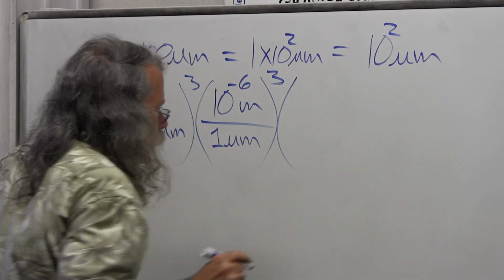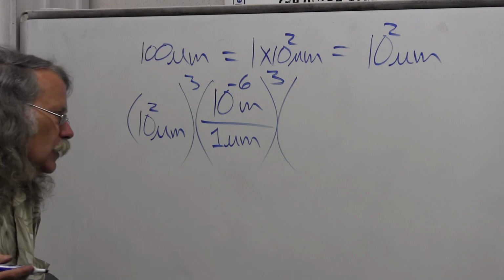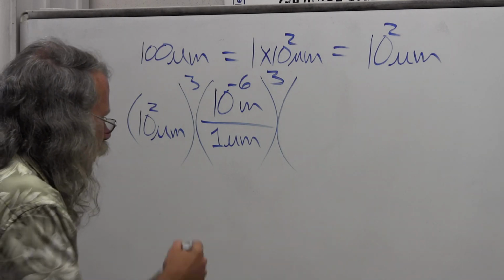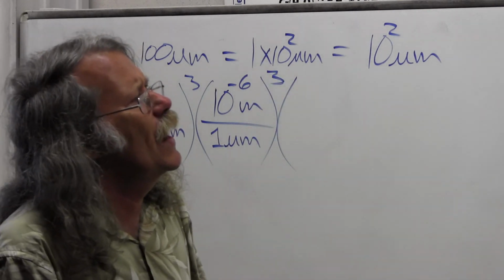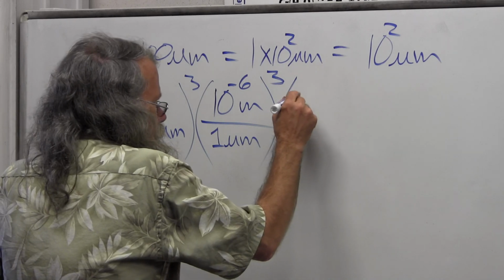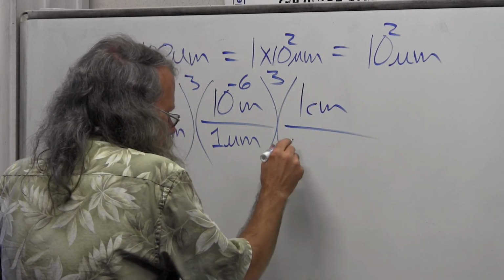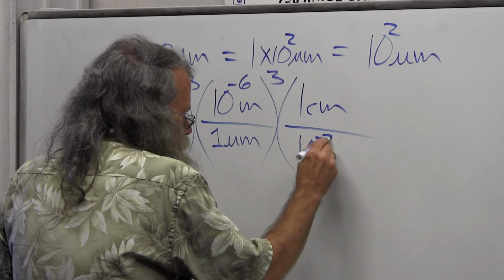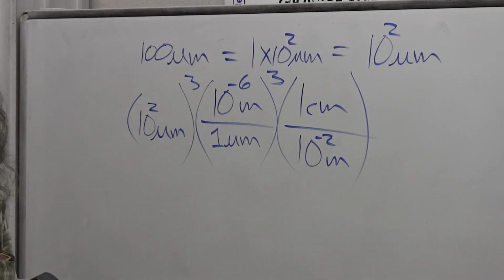Now, we're going from cubic meters, I'm going to need to go to centimeters. And I can go either way with the provided information. I have 1 centimeter, so I want centimeters on top. 1 centimeter is equal to 10 to the minus 2 meters, 1/100th of a meter.